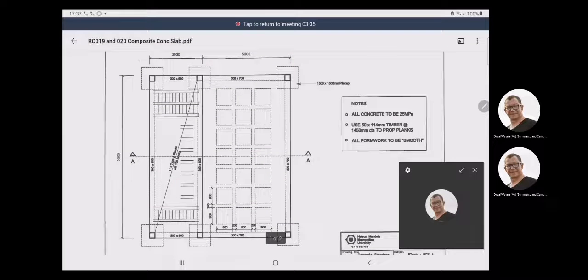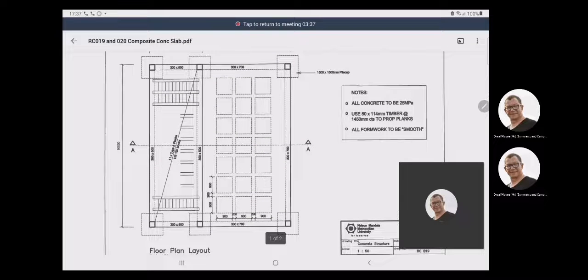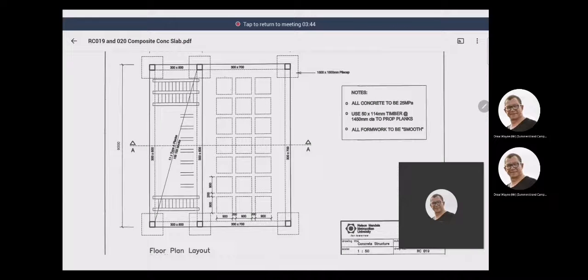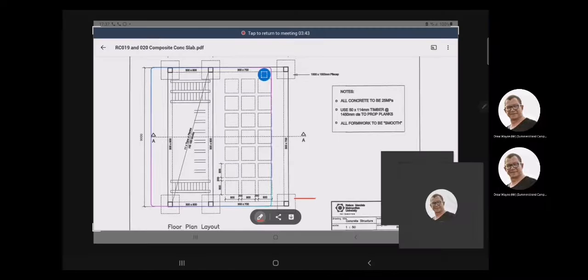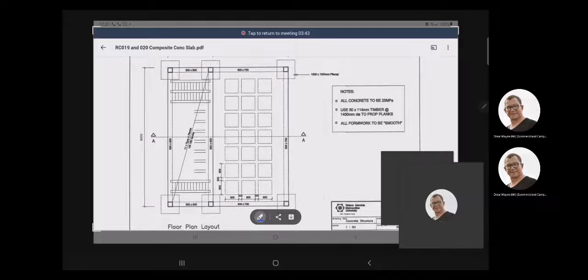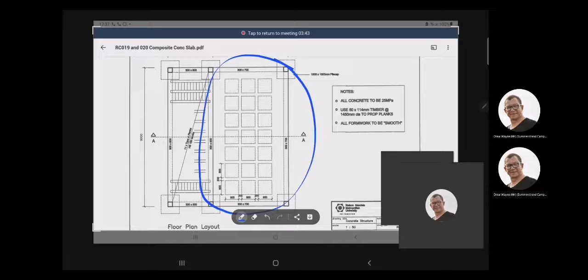As I upload this, you can see I'm showing the drawing and the section that I would be working on, that we would be measuring, which is the section that you see circled now for my coffer slab.